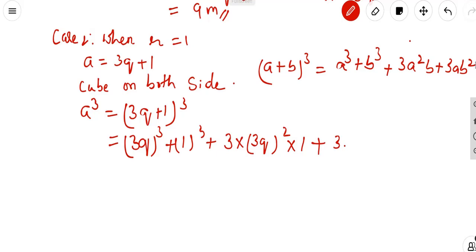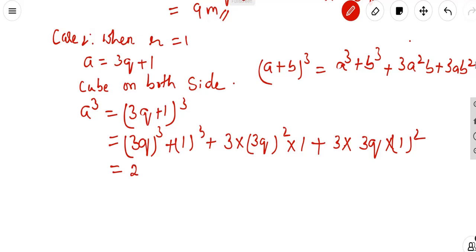So next is plus 3 into 3q into 1 to the power of square. Okay, so I'll rewrite this equation. It becomes 3 into 3 into 3. If you want, you can write one more step here: 3q into 3q into 3q.